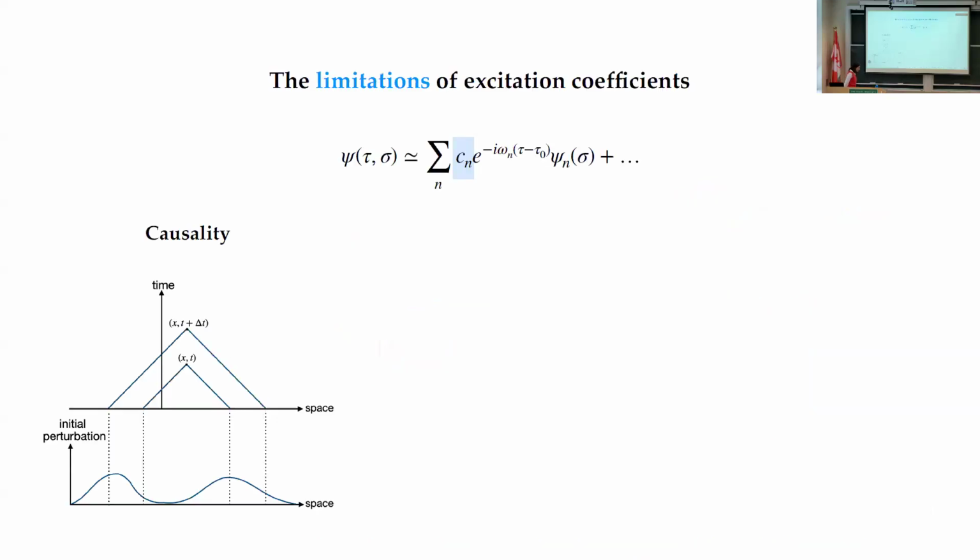However, the excitation coefficients themselves cannot be the whole story when we talk about the dynamics of quasi-normal modes, because again, these are just constants. And for example, they're not accounting for any causality, for the fact that it will take some time for all the initial data to come into causal contact with our observer.